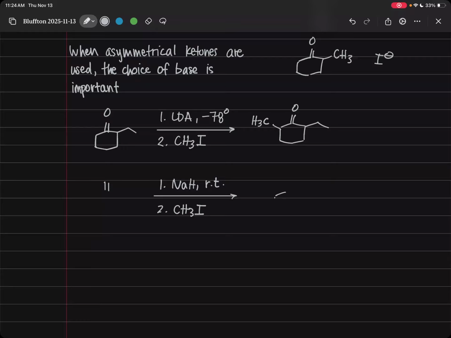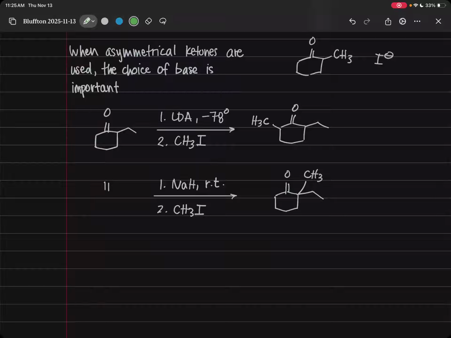This is going to give you a different product. In this case, the methyl group is going to end up on that same carbon. So clearly the choice of base is very important, and it's the only thing that affects whether we get one product or the other.